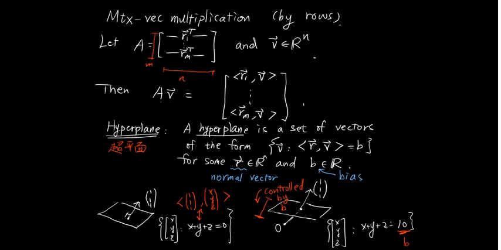As I mentioned, I want to give you some application. Now you see, as long as you give me a vector and a value b, I am able to define a hyperplane. And the nice thing about the hyperplane is that it partitions the space into 3 parts.